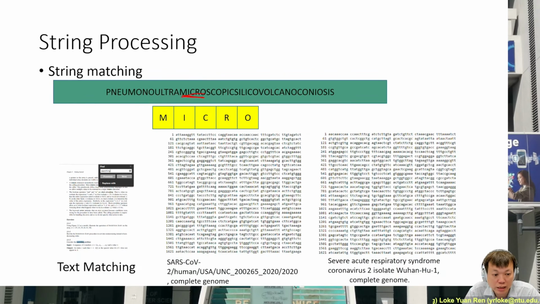People working in genome sequencing, bioinformatics, with the COVID sequence, are also trying to find certain patterns, or compare two variants of the COVID virus sequence, matching or aligning the sequences. This is a very typical string processing problem, and so on and so forth.